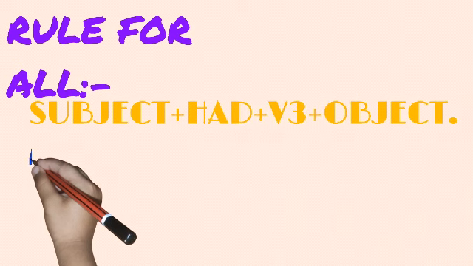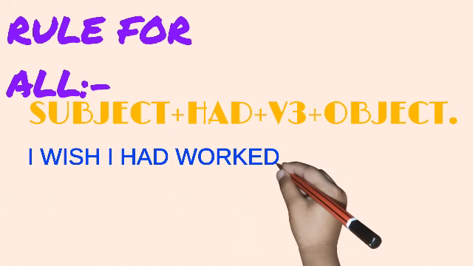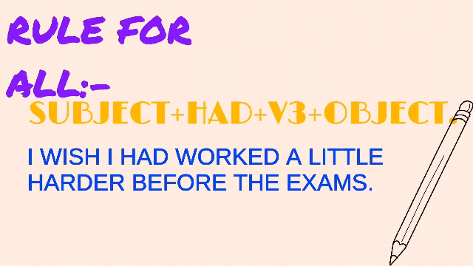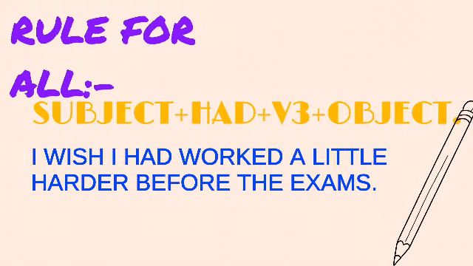Okay? So, the rule for the same is subject plus had plus V3 plus object. In this case, V3 will be used. Example, I wished I had worked a little harder before the exam. I wished I had worked. Worked is used to denote the earlier event before the exam.